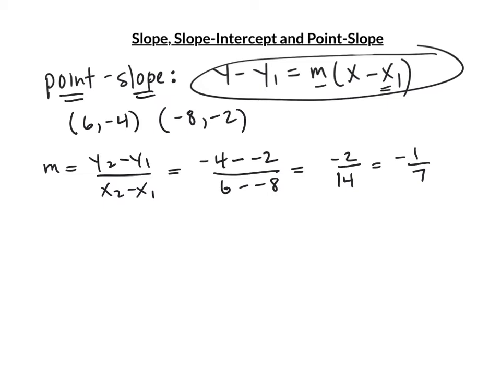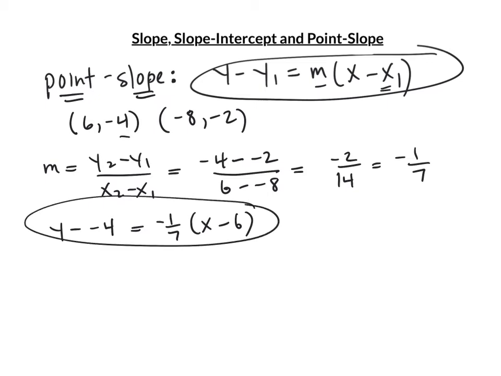Now we could use either point. So we could go y minus -4 equals, that's this one, -1/7 times x minus 6, and that would be okay. That would be one possibility, and the double negative is going to make a positive.